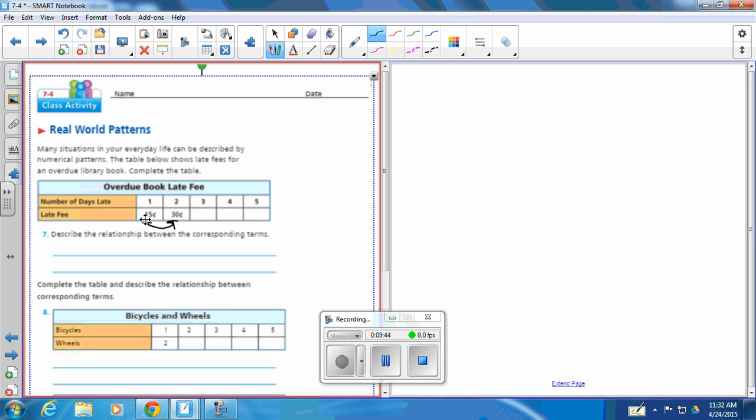Other people said you take the day and you multiply it by 15. Is that true as well? Yes. So either one is true. The late fee in cents is the number of days late multiplied by 15, or it adds 15 cents each day. Again, we're looking at the corresponding patterns between the terms.